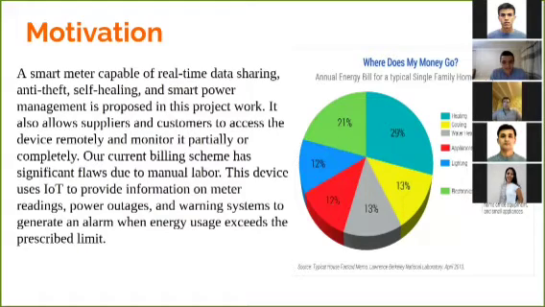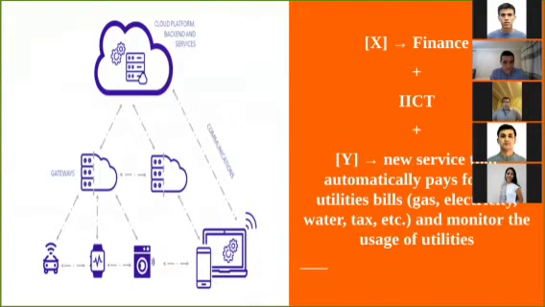And this device also uses IoT smart sensors to provide information on meter readings, power outages, and warning systems to generate an alarm when energy usage exceeds the prescribed limit. Our new system automatically pays utility bills for gas, water, and tax.